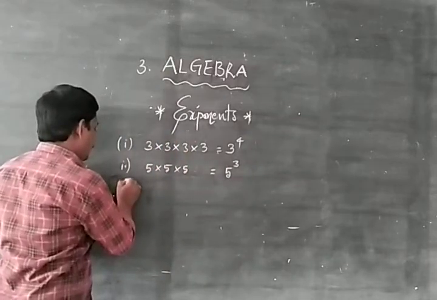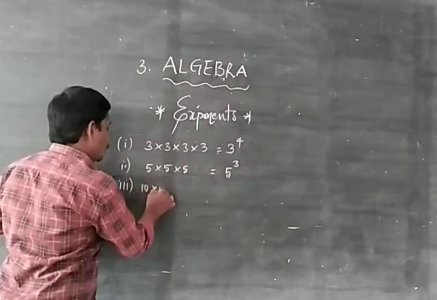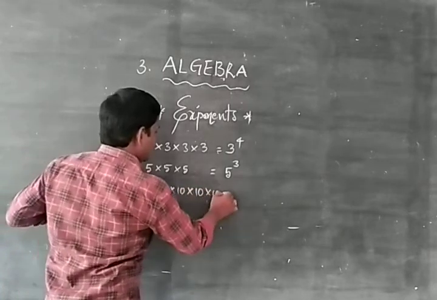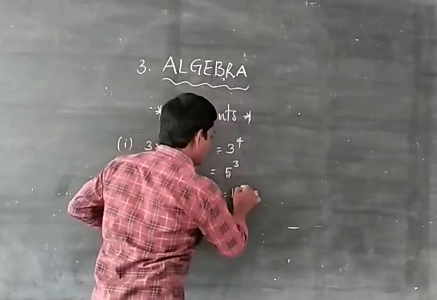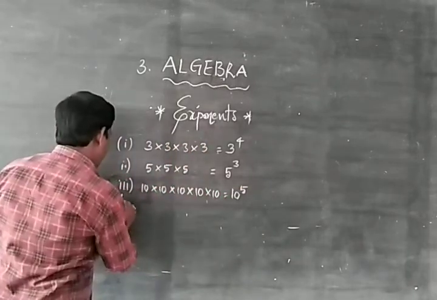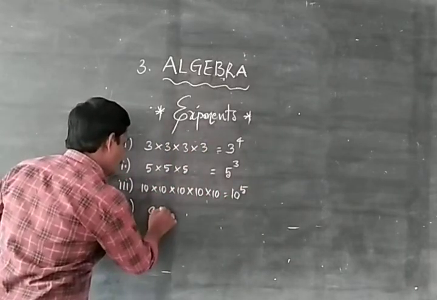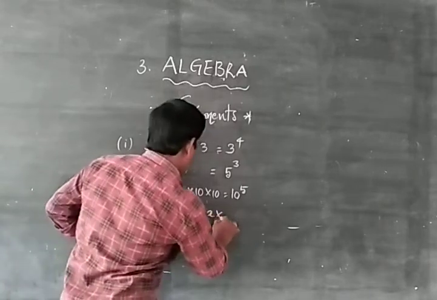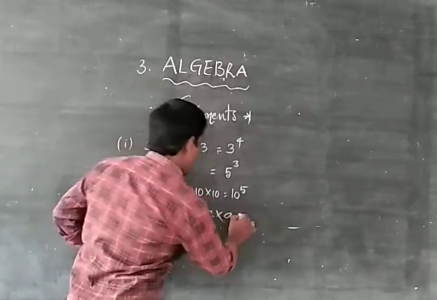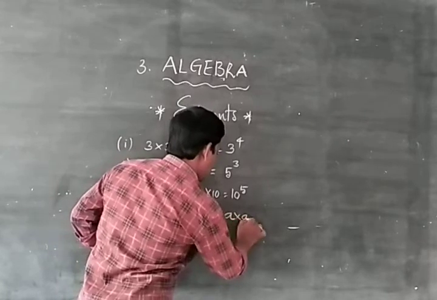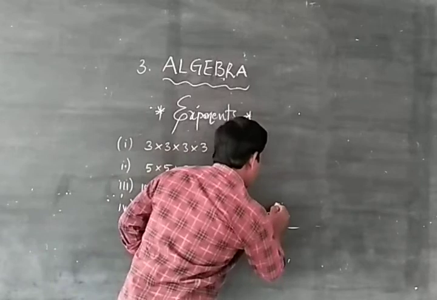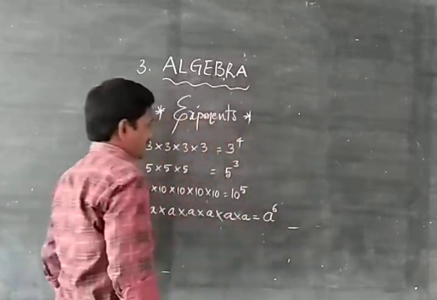And 10 into 10 into 10 into 10 into 10 is 10 power 5. And A into A into A into A into A into A is A power 6.